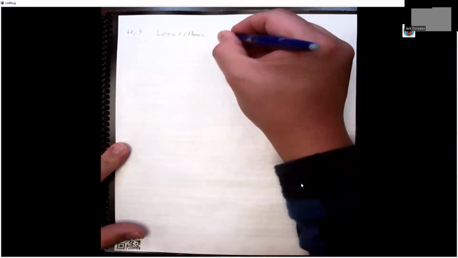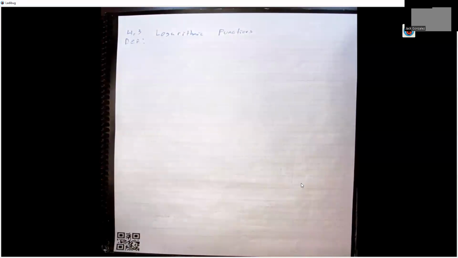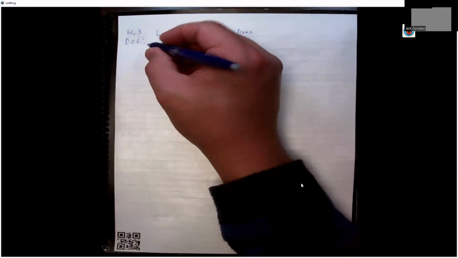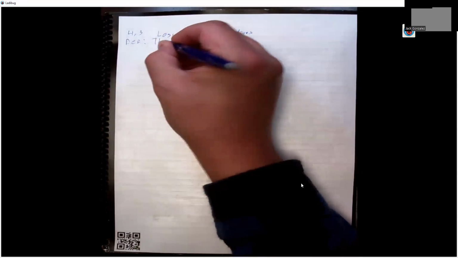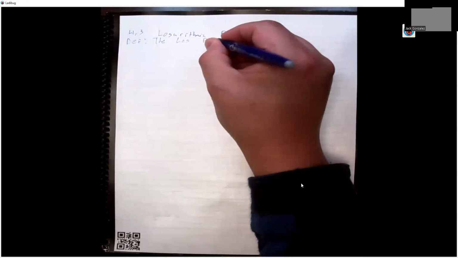Logarithmic functions. The log function.